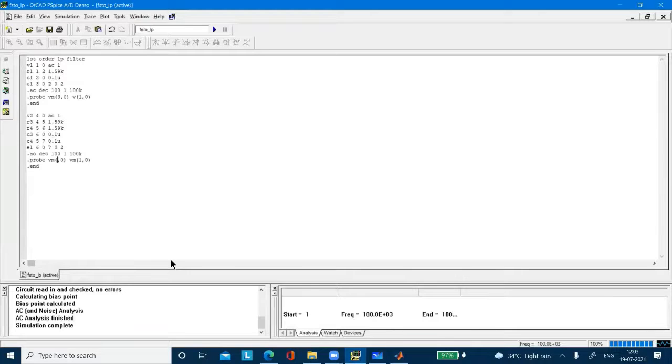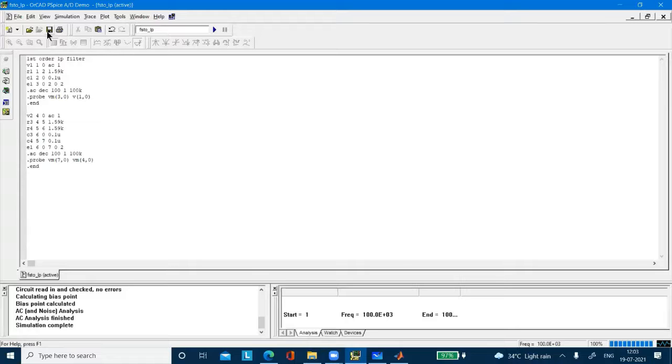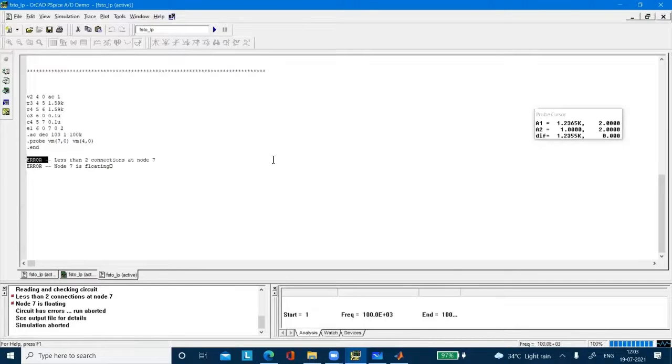Hopefully now it will not give any error. If it gives an error, I won't do it. What happened? It says less than 2 connections at node 7.